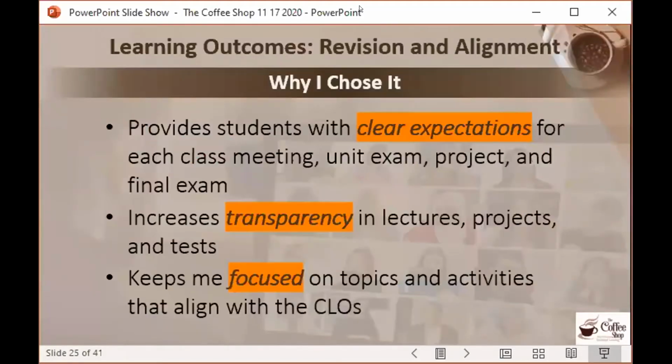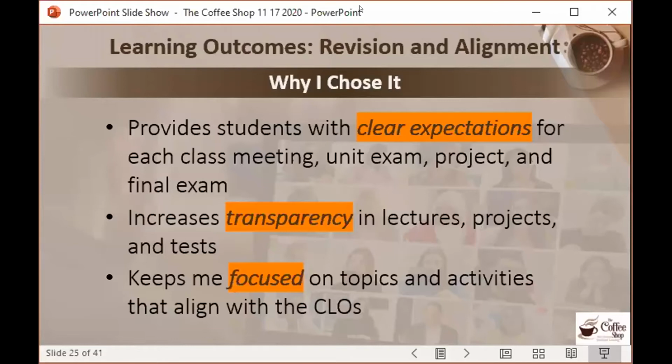So why did I do this? Because I was convinced by the AQ class that these learning outcomes provide students with clear expectations. What are they going to do in each class meeting? What are they expected to do on each unit exam, each project, and each final exam?